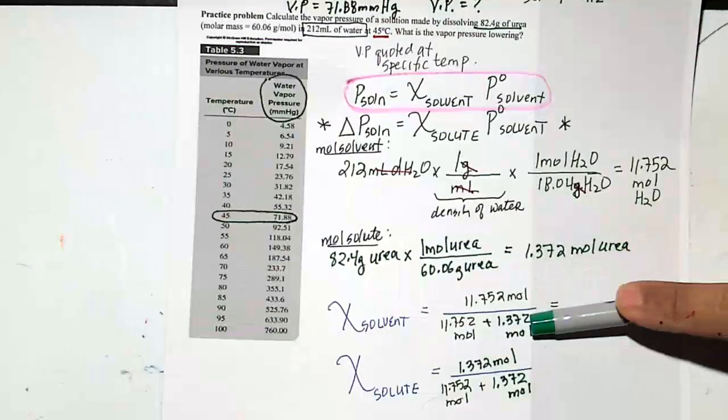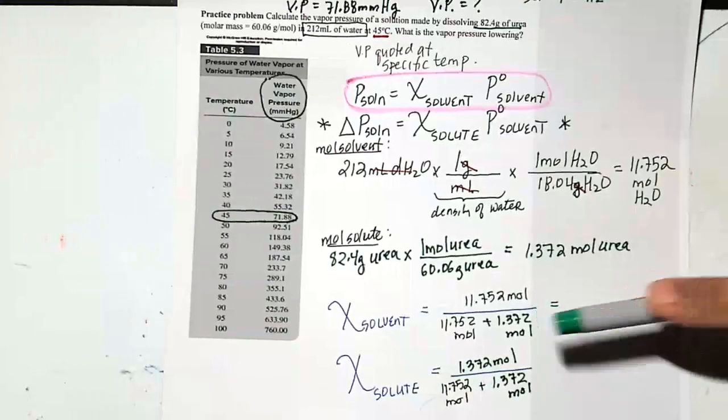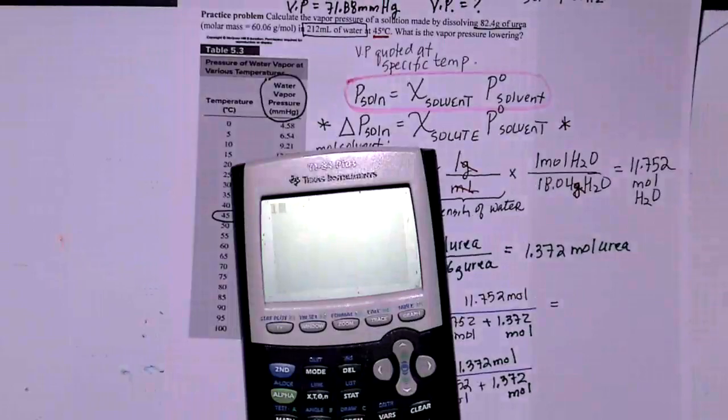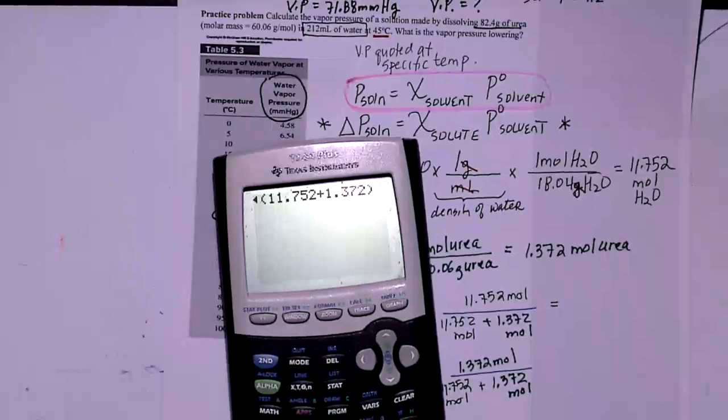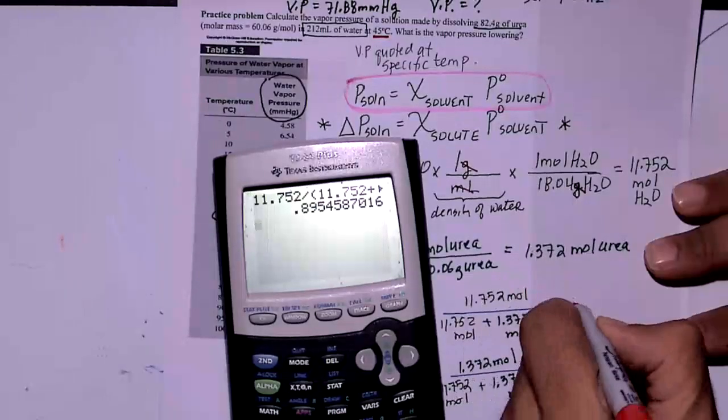All right, let's first do this mole fraction of the solvent, moles of solvent over the total moles. So this is going to be 11.752 divided by parentheses 11.752 plus 1.372. I'm getting about 0.895. I'll add an extra digit here.